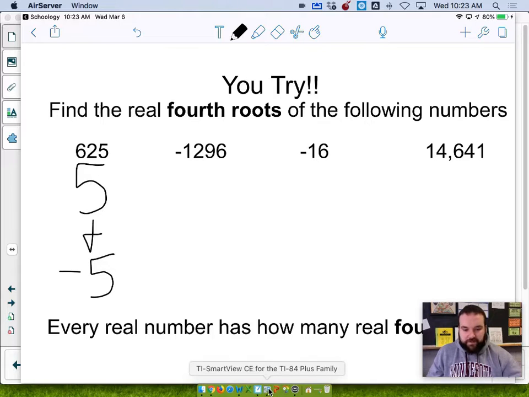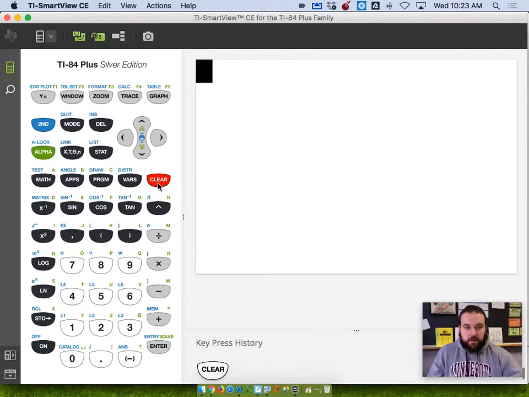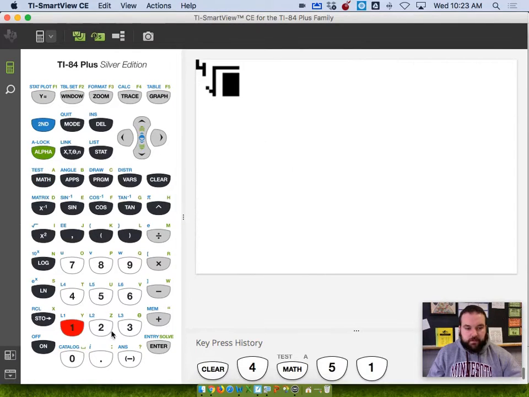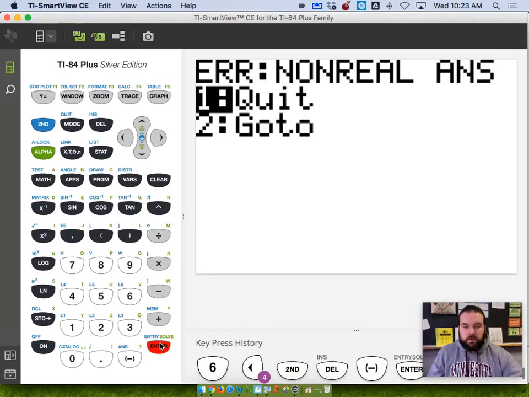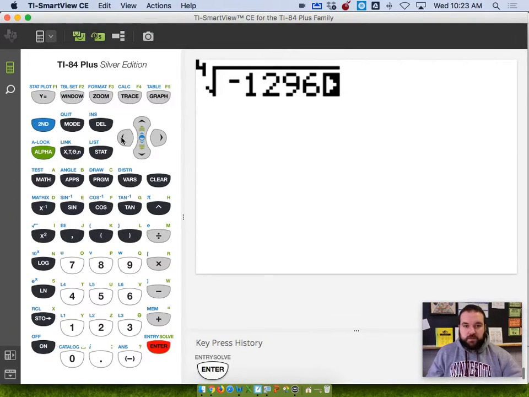The 4th root of -1296. So here's what some students will do. If they see the 4th root of -1296, they type it in, and it says non-real answer. And students tend to not like that. So they'll go back, they'll delete the negative sign.